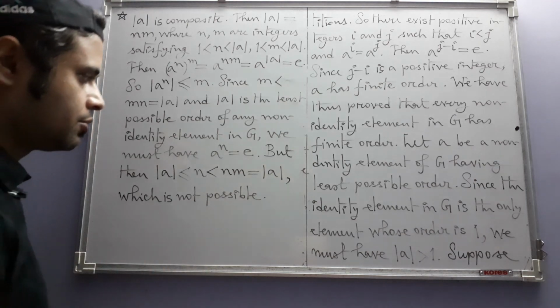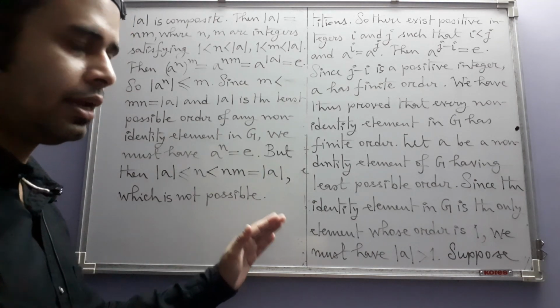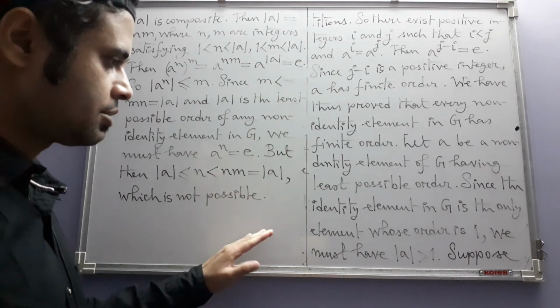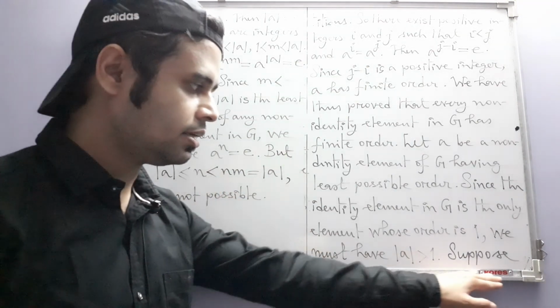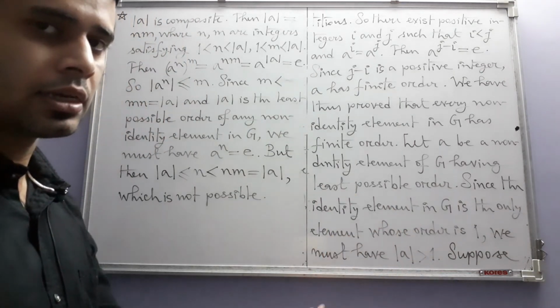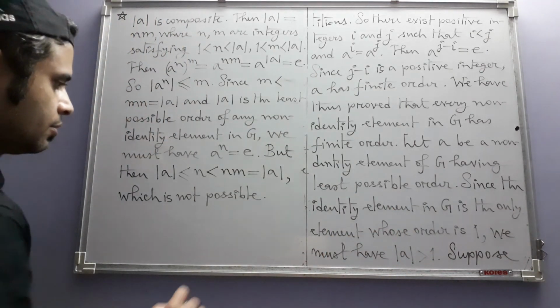So we have come to a dead end. There is nothing else we can do to salvage the situation except change the supposition, because that's where all the things are coming from.